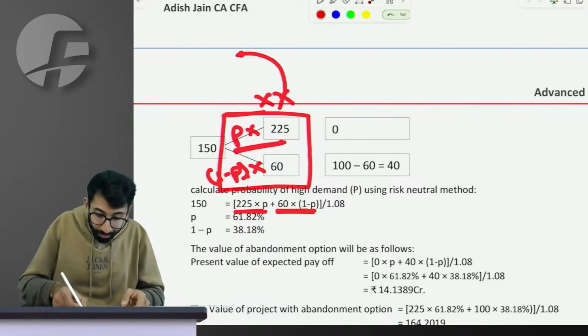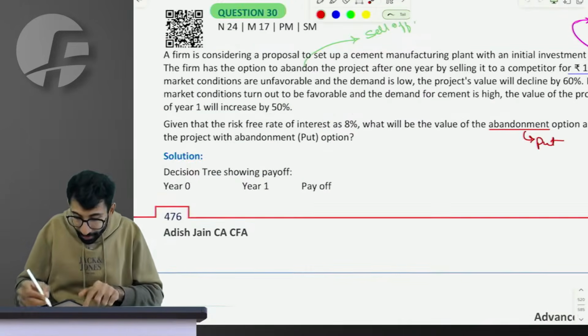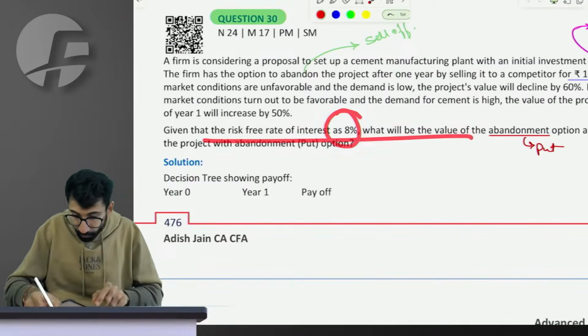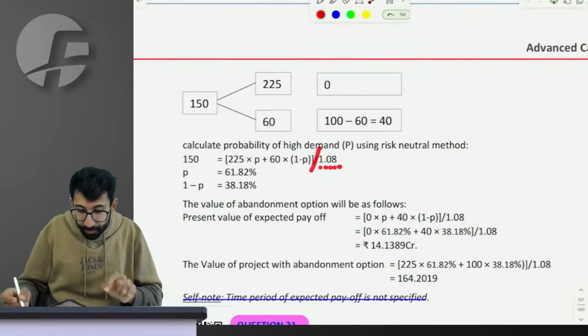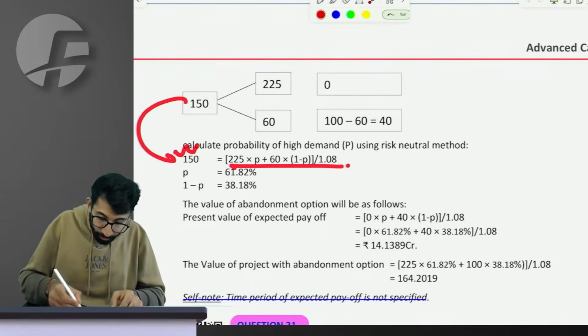So what will be the present value of it? Divided by 1.08, 8% being the risk-free rate for 1 year, gives the value of the asset today, which I know is 150.